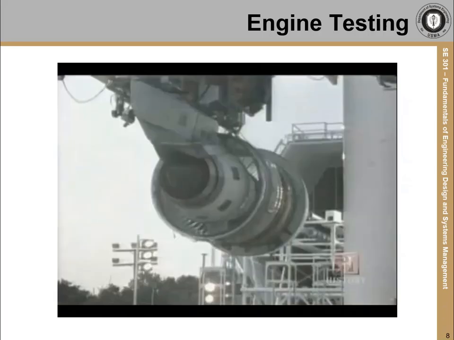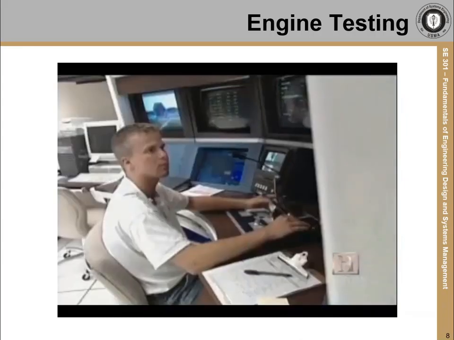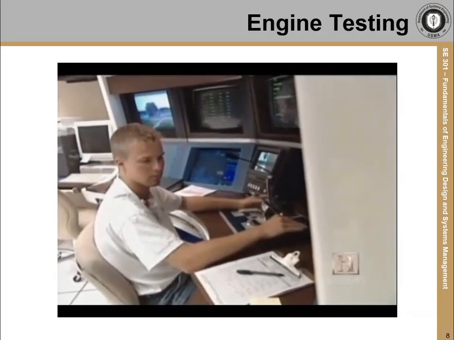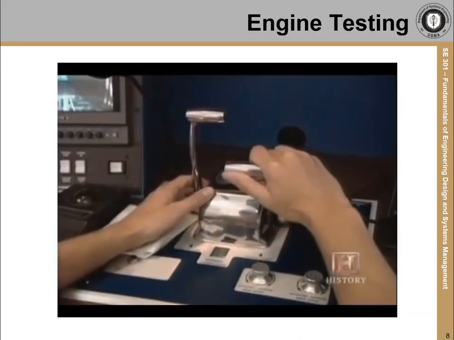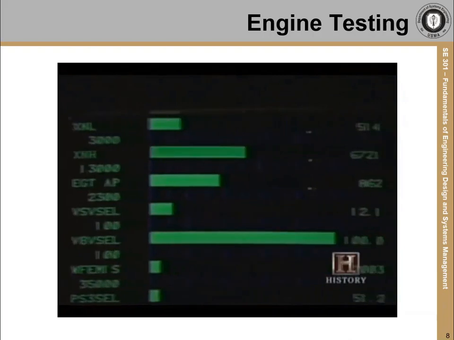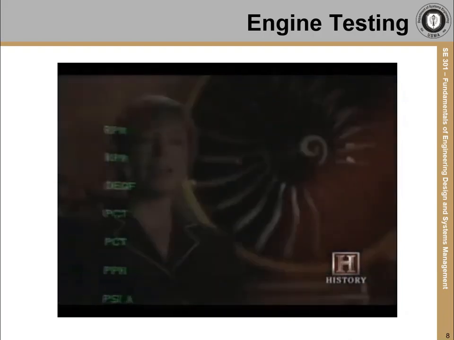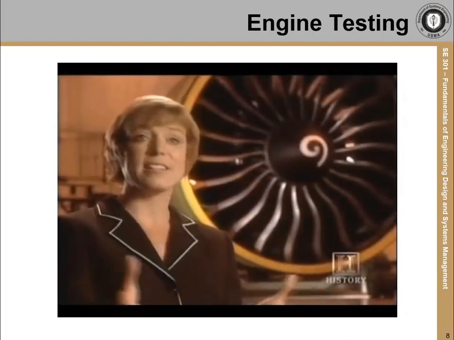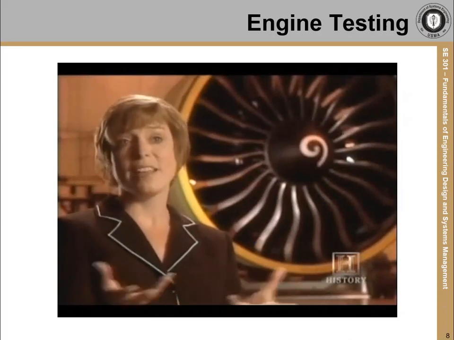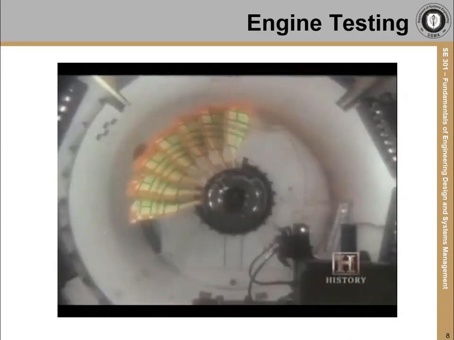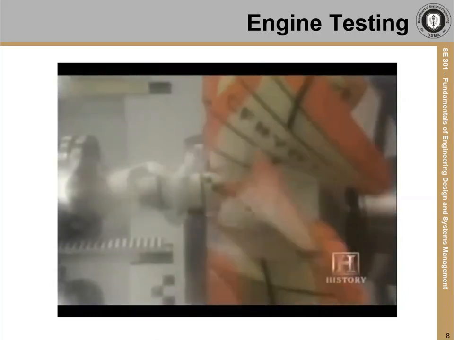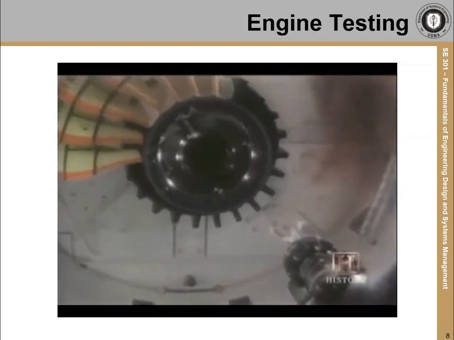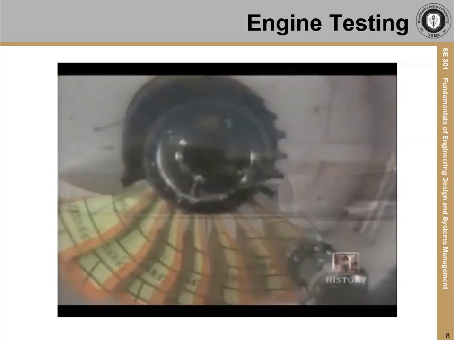We have several little cannons that shoot hail into the engine. They shoot about 3/4 of a ton of hail in 30 seconds. Nothing was left to chance. Technicians tried to recreate and analyze every possible problem that could happen to the engine. An engine, when it's operating on an aircraft, takes in a lot of air. It can also take in anything else in the environment, such as a bird. So we're required per the FAA to shoot bird carcasses into the engine and to show that we can continue to sustain operation even after taking in the bird carcasses.